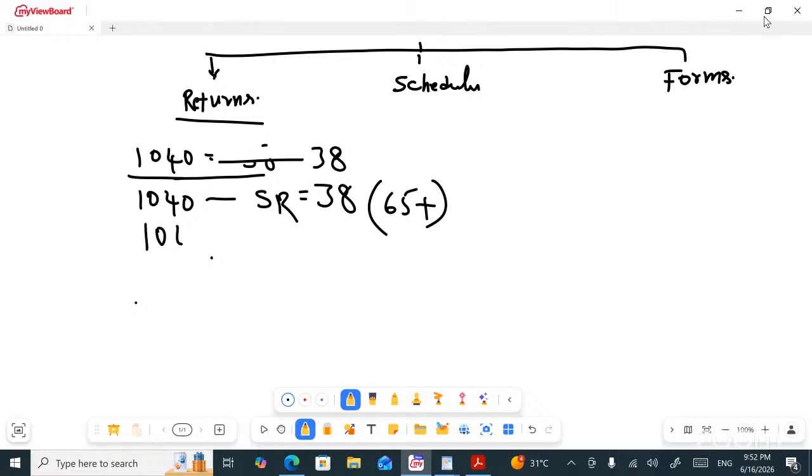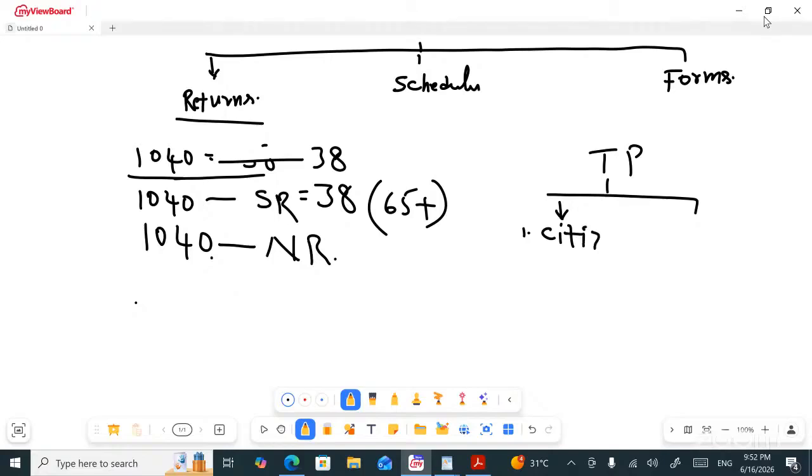Now 1040 NR means non-residents. Basically, taxpayers are divided into two types. One is citizens of the US, two, nationals of the US.